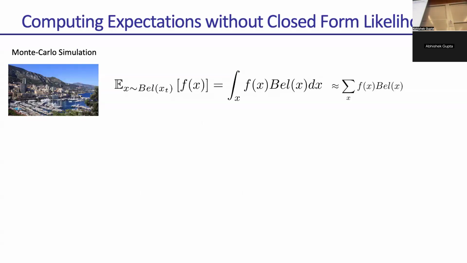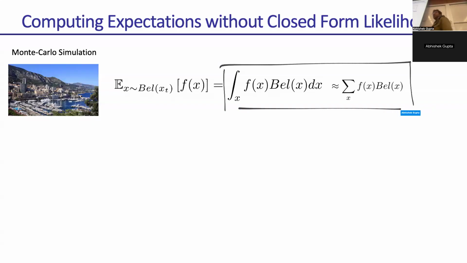And so this is an idea called Monte Carlo estimation. Have you guys heard about Monte Carlo estimation? Monte Carlo is a famous gambling spot in Europe, right? And the idea of Monte Carlo estimation is very simple. It's basically just estimating expectations with samples, like estimating integrals.